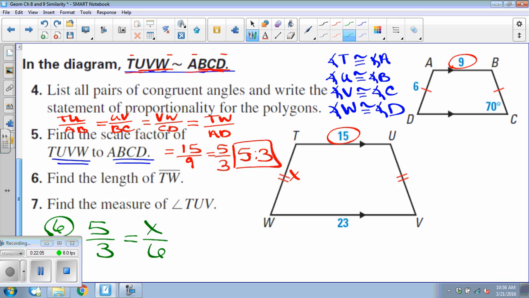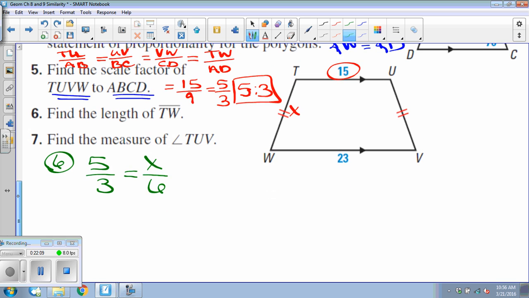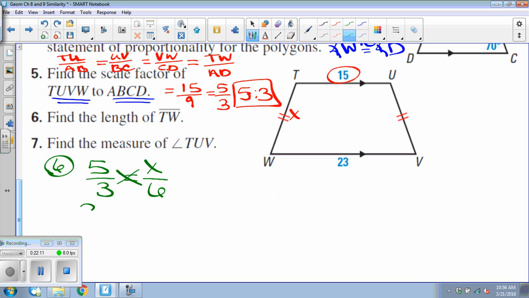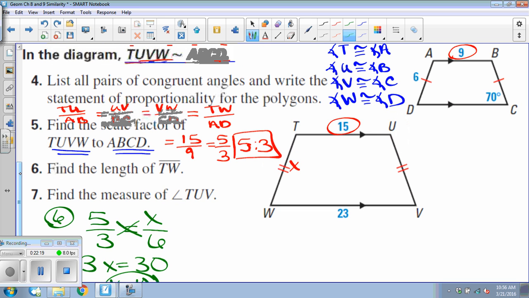Everyone see where I got that? Now we just cross multiply and solve. So 3x equals 30. Divide both sides by 3, so x equals 10. TW is 10. Y'all be good on that one? Any questions?